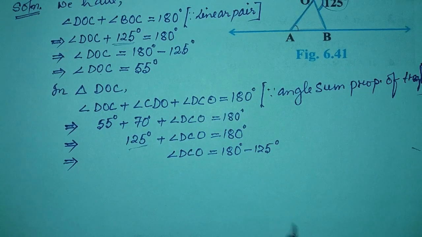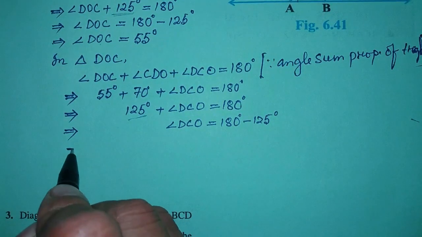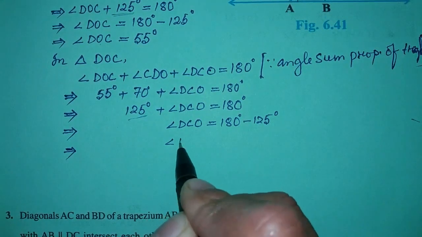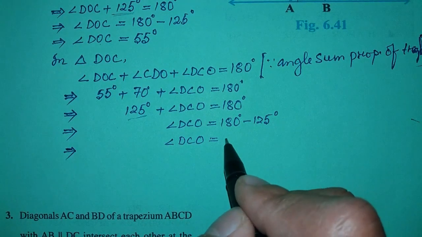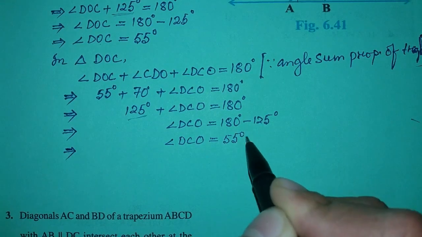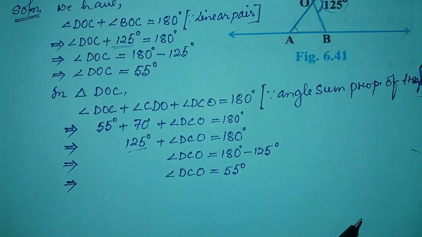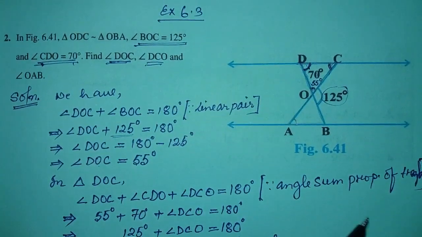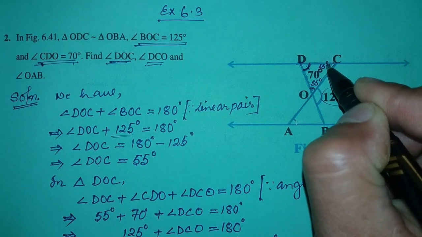Transposing this to the right side, angle DCO is equal to 180 minus 125, which is 55 degrees. So this is also 55 degrees.